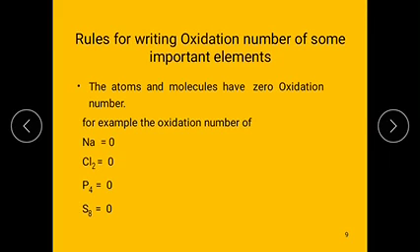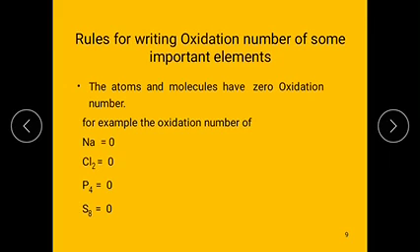For example, the oxidation number of sodium in the elemental state is always taken as 0. Cl2, a molecular state, is taken as 0. Phosphorus in the form of P4, we can take it as 0.